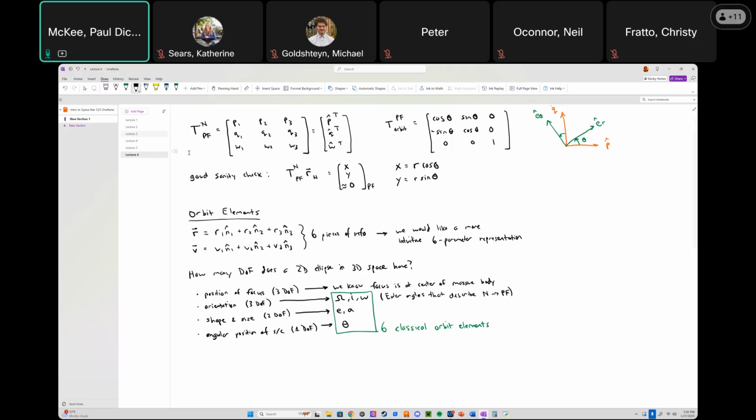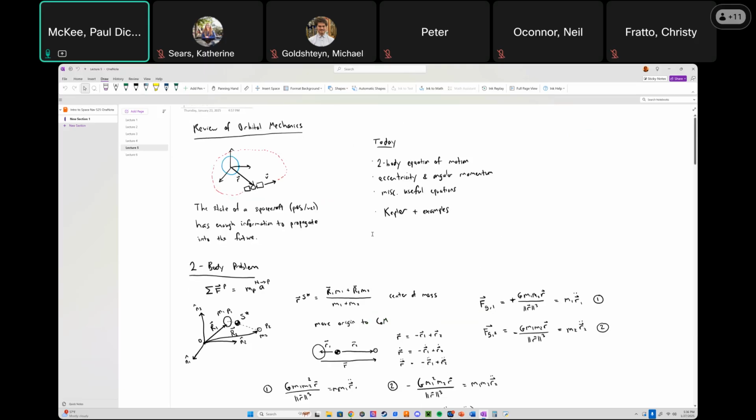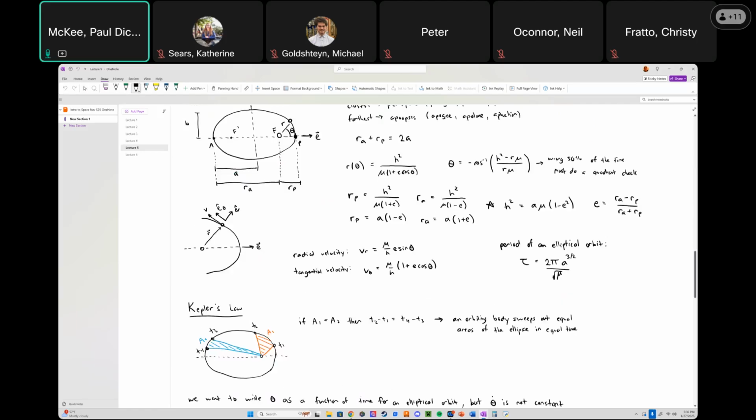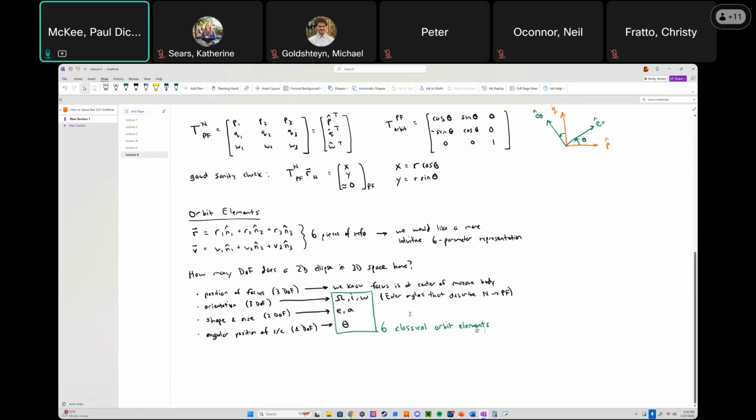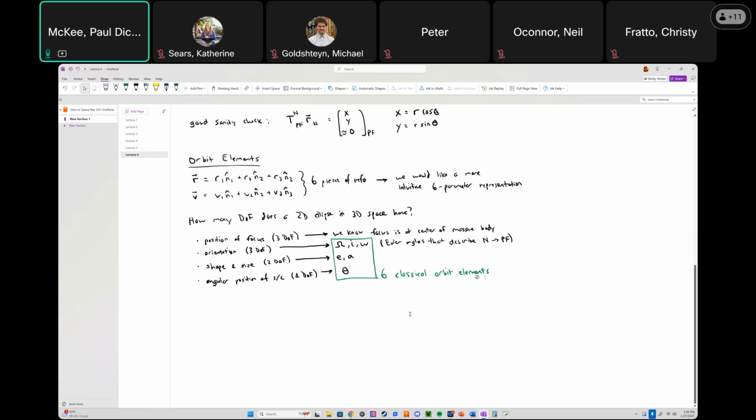And actually, if you'll allow me to click away for a minute, h and a are related by this equation right here. So if you know one, you know the other. Some people will say h, I say a. It's a matter of preference. These are the orbit elements. So we know 3 of them already. We're well acquainted with eccentricity, semi-major axis, and the angular position of the spacecraft, the true anomaly.